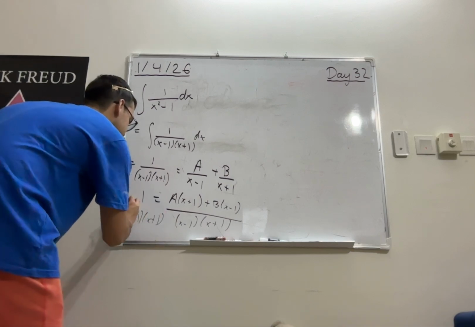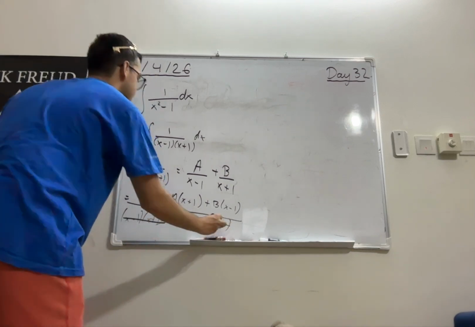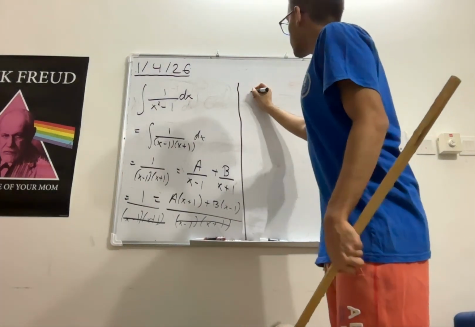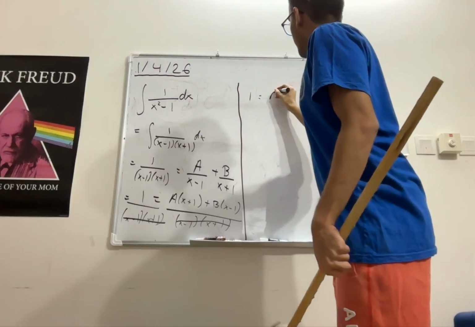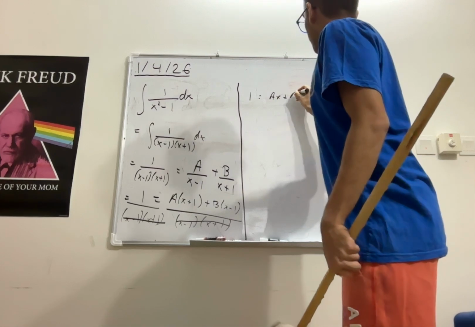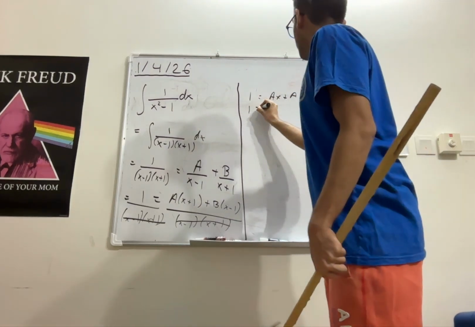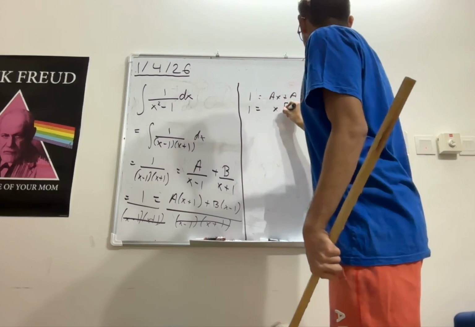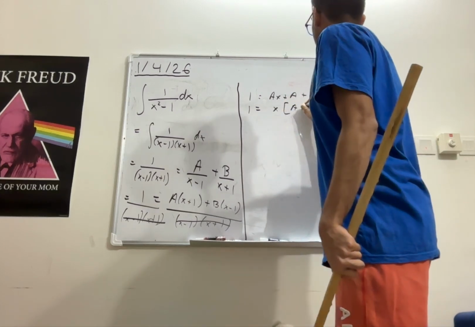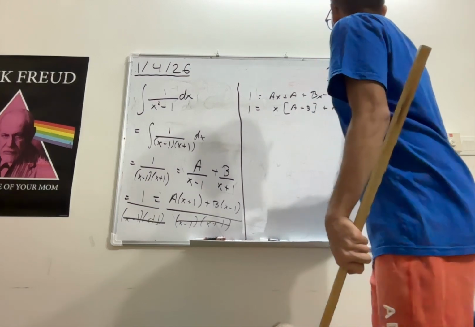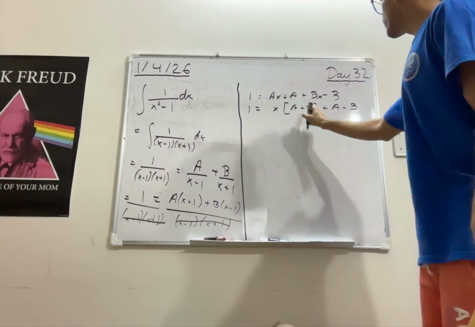So the denominator on both sides cancels out, and finally we're left with 1 is equal to ax plus a plus bx minus b when you open the bracket, and then we get 1 is equal to x(a plus b) plus a minus b.